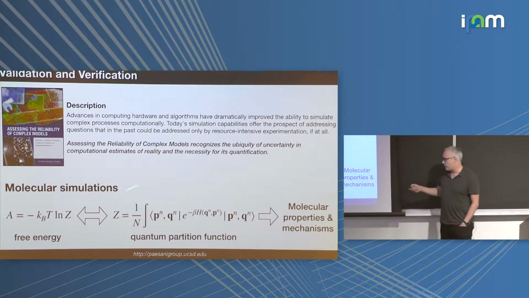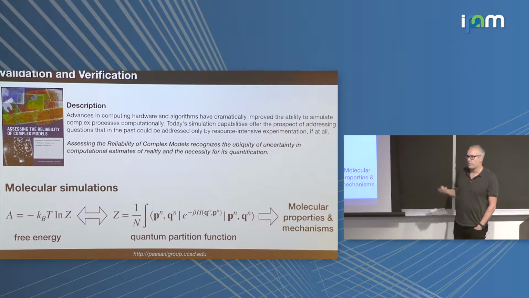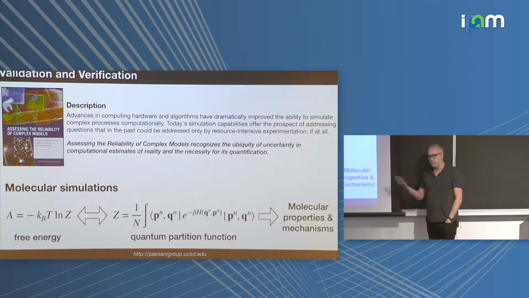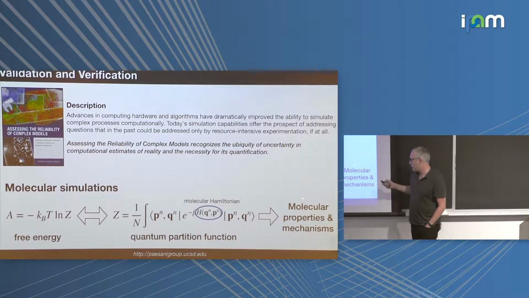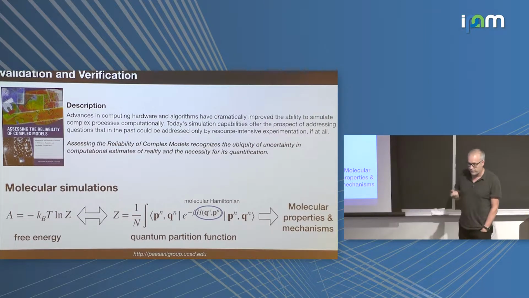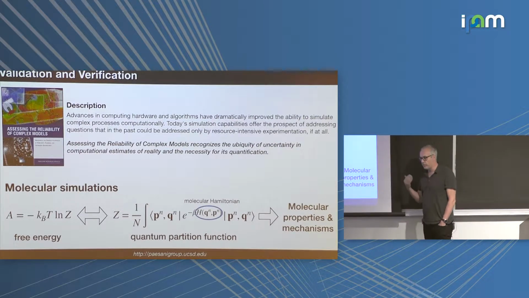And of course, once we have this ingredient, then we come up with our molecular properties, with our molecular mechanism, we make predictions, we try to understand experiments. And everything works beautifully. The important point here is that everything that we say here depends on how good we are at describing this Hamiltonian here. And so this molecular Hamiltonian essentially is the key ingredient in order to make a computer simulation that is predictive.